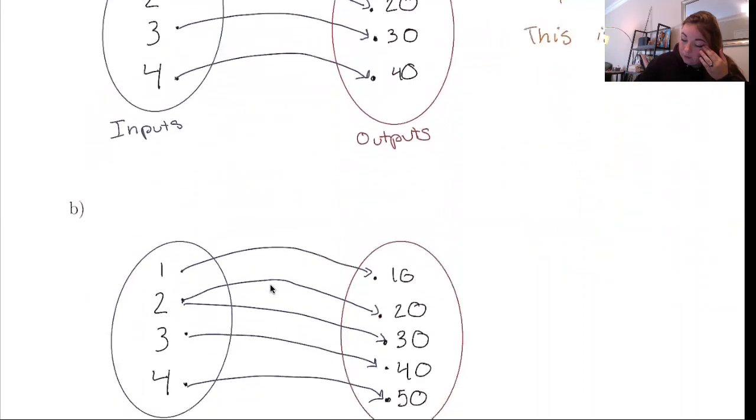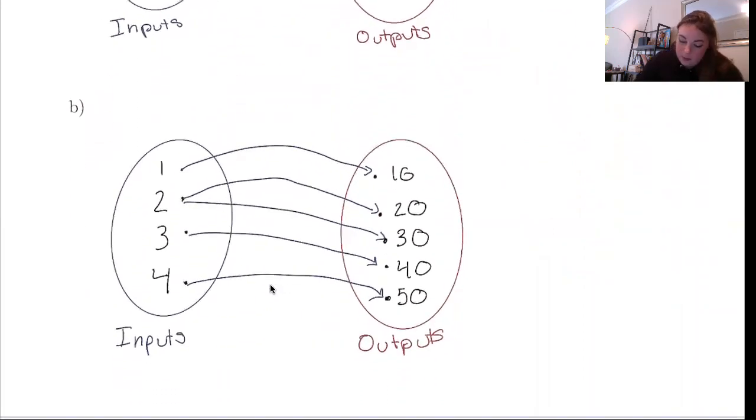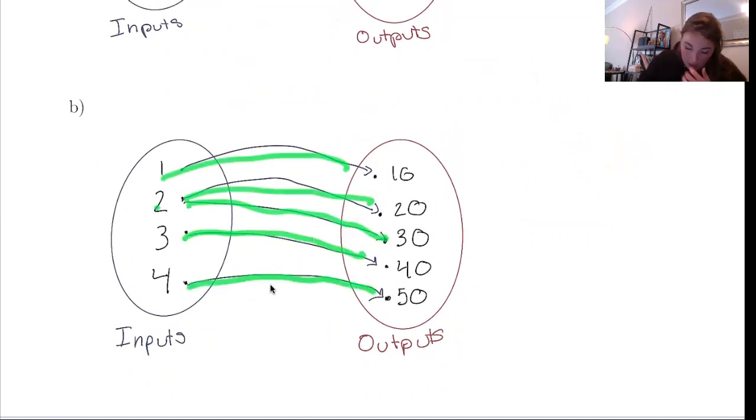Okay. What about in B? So 1 goes to 10, 2 goes to 20, 2 goes to 30, 3 goes to 40, and 4 goes to 50.